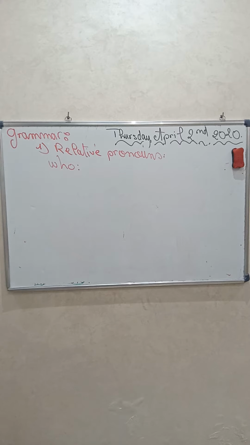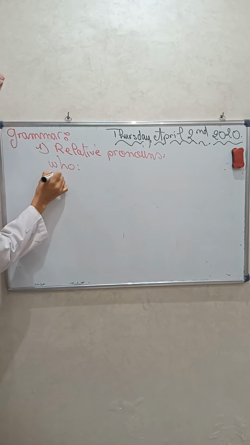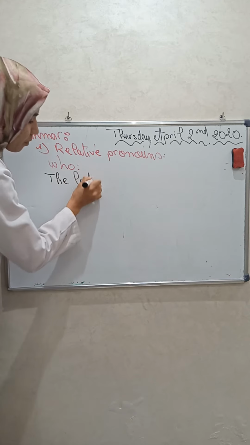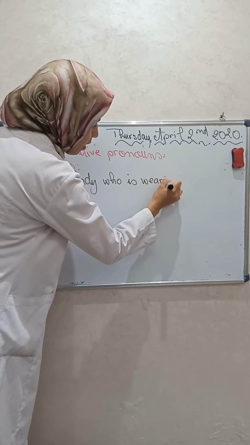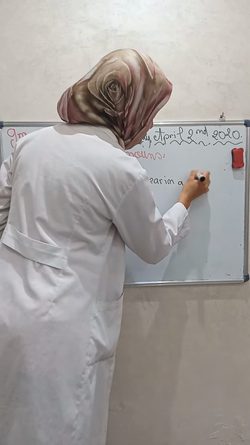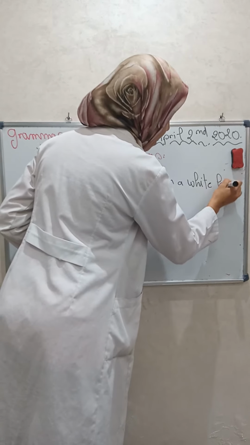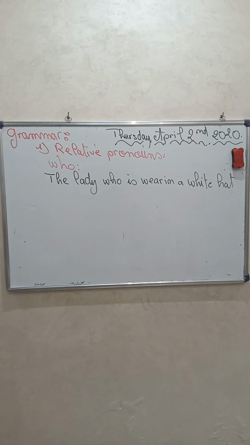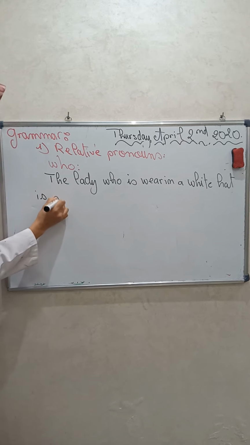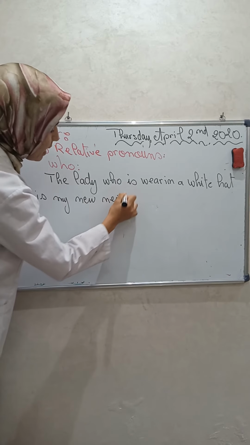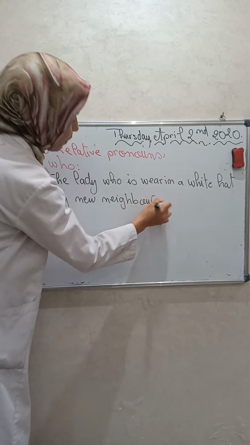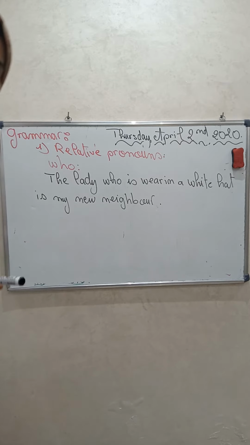An example with who, we say, the lady who is wearing a white hat is my new neighbor. Where is the relative clause?